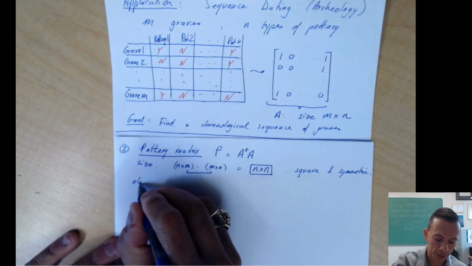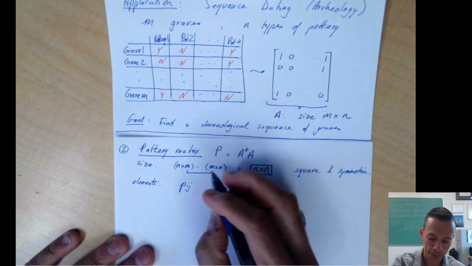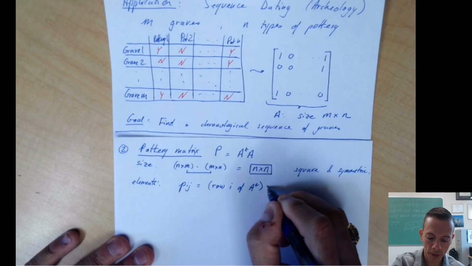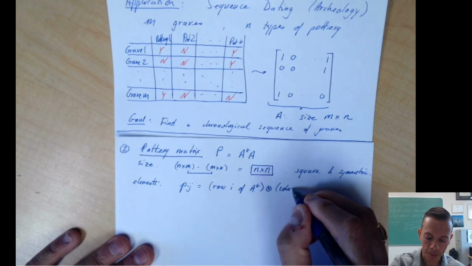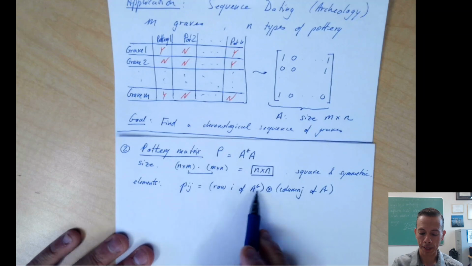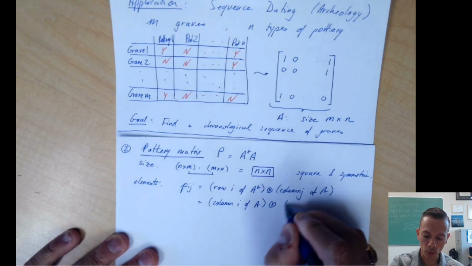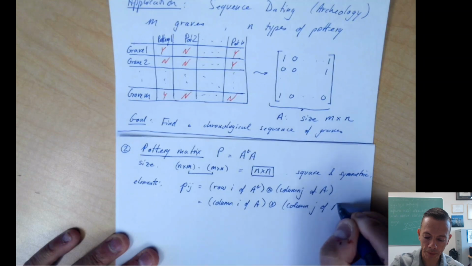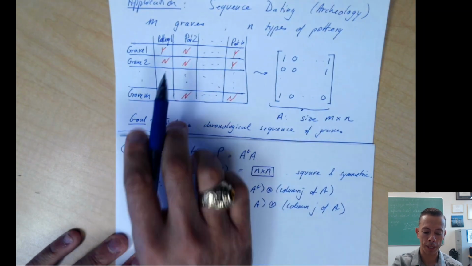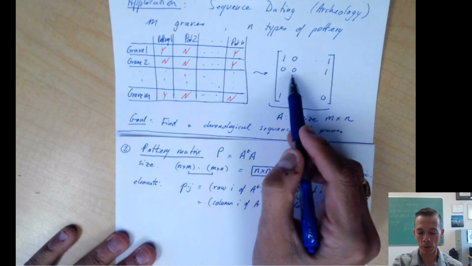So if we look at the elements of this matrix, just like we did before, an element P_ij is obtained by taking a linear combination of the elements of row i of A transpose with the elements of column j of A. And row i of A transpose is column i of A, so you can write this as column i of A combined with column j of A. So what we're doing now is comparing two different columns in the same matrix A. Again, these elements can either be 0 or 1, depending on whether you are multiplying 1, 0, or 0, 0, or 1, 1.